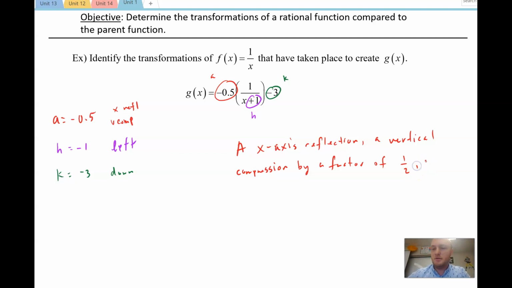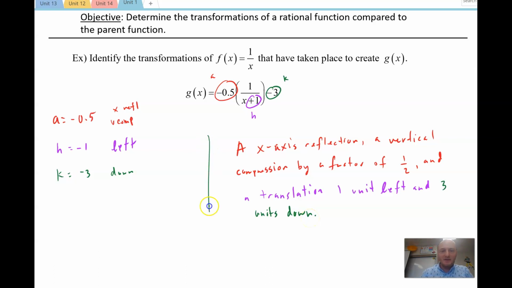And you can use 0.5 if you don't like fractions. Fractions, scary. Okay, and translation, 1 unit left. And I feel like this is a run-on sentence, but it's not. I used a comma. I think this is right. I'll ask Middleton. And 3 units down. All right, hey, there you go.